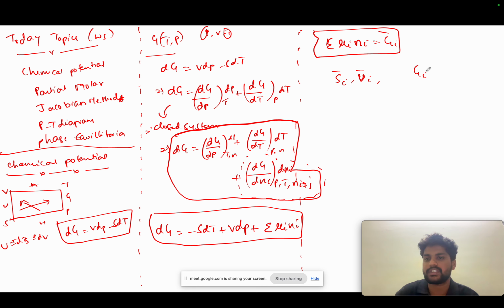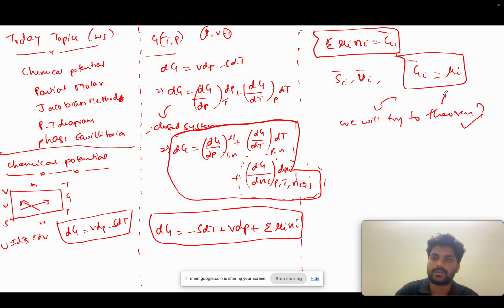But for the Gibbs energy, Gi bar is nothing but mu_i. We will prove this one. For today's class, we will try to give a theoretical derivation for this equation. Now our aim is, suppose this is the case, then what I am saying is, sorry, my bad, one second.